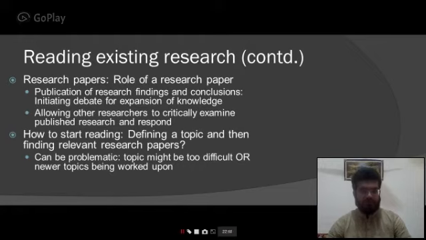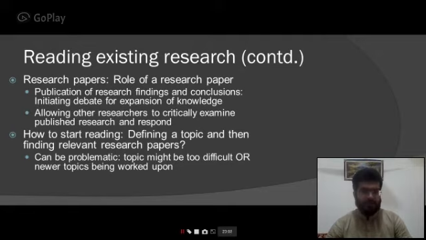So this publication of a research article, a research paper, allows the researchers to communicate with each other, and this is how the debate and discussion on different topics continues.